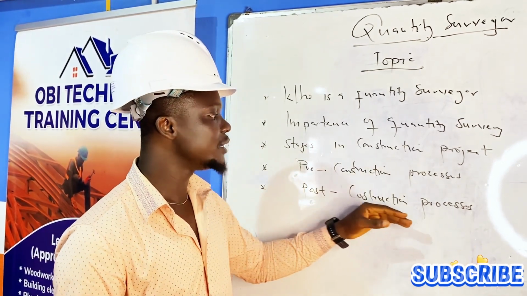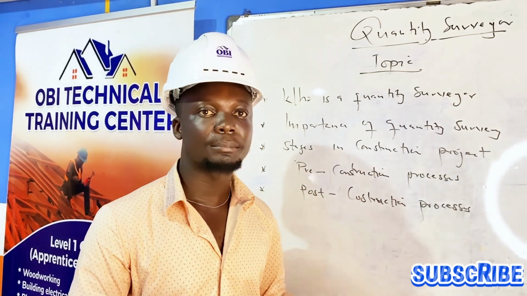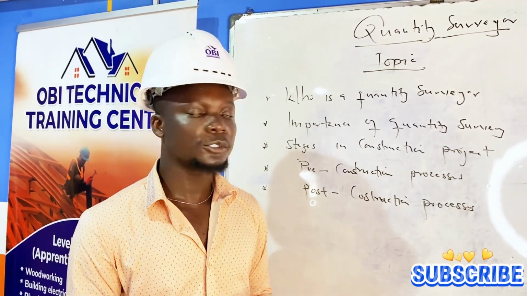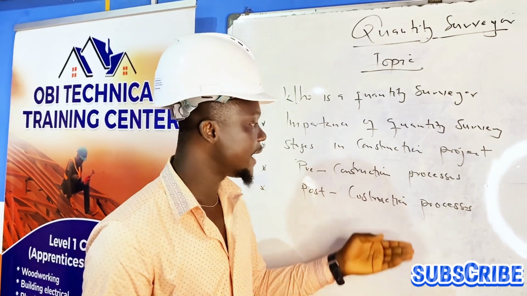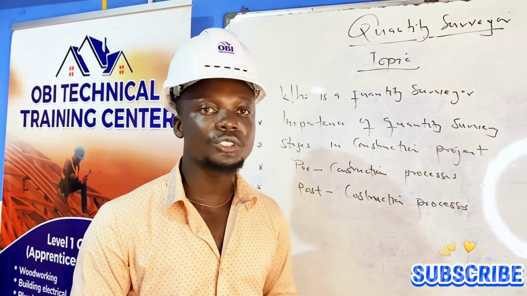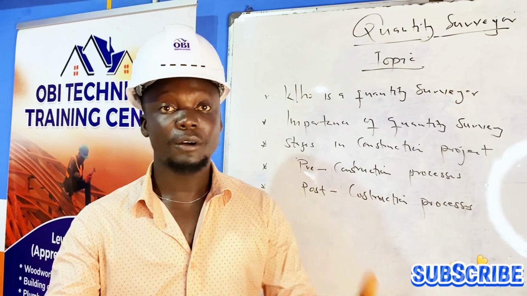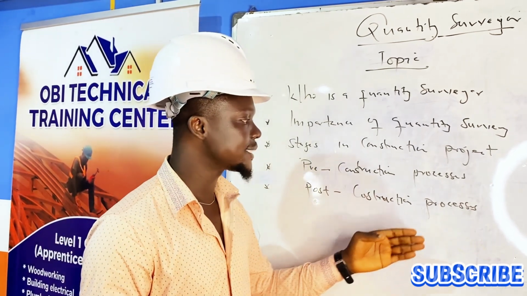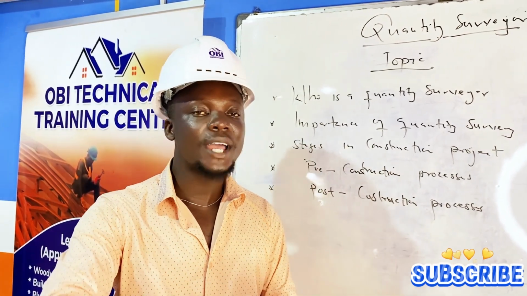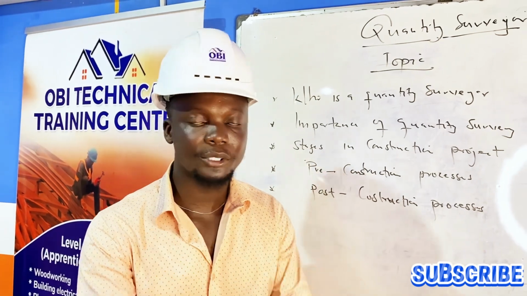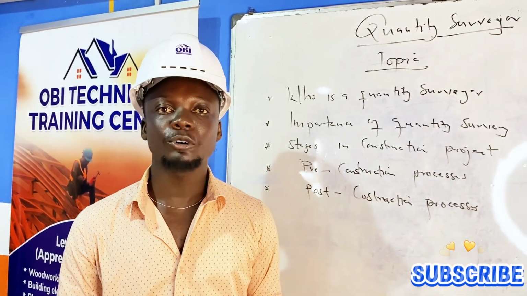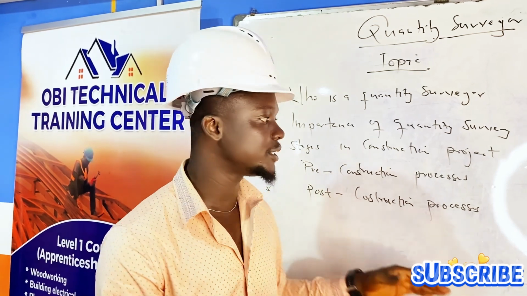So the operational bill gives you the detail of the material needed for the project. So for instance, I want to cast foundation concrete, and it's estimated that, okay, I'm going to use 40 bags of cement to cast the foundation concrete. So the quantity surveyor has sat down and done the calculation and been able to extract the material resources from the bill and tell the contractor that, okay, this is what I need to cast the foundation concrete.